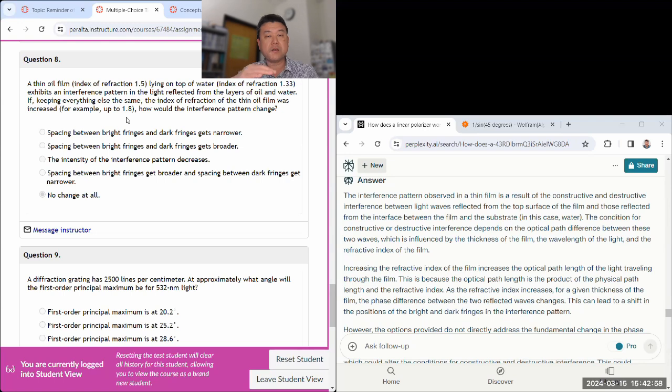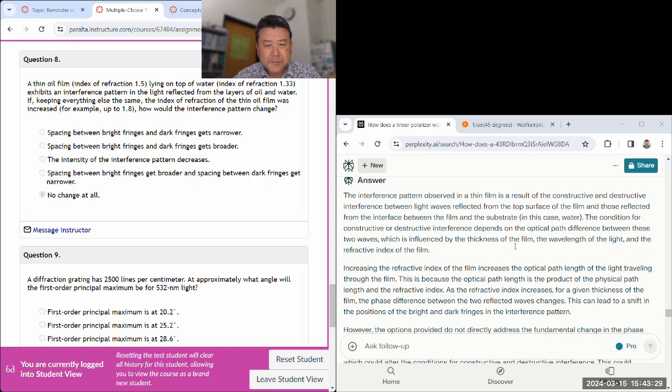So it's like having a thicker thin film, which means spacing between the fringes would, I think, get narrower. Intensity, if anything, would increase with a greater difference. The reflection coefficient is larger. Spacing between bright fringes. Yeah, this can never be right. Either they both get broader or both get narrower.